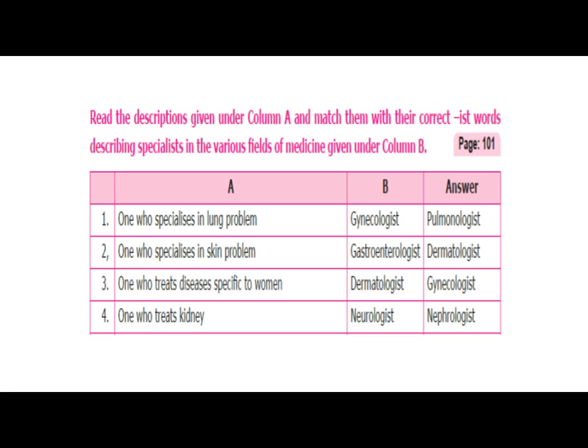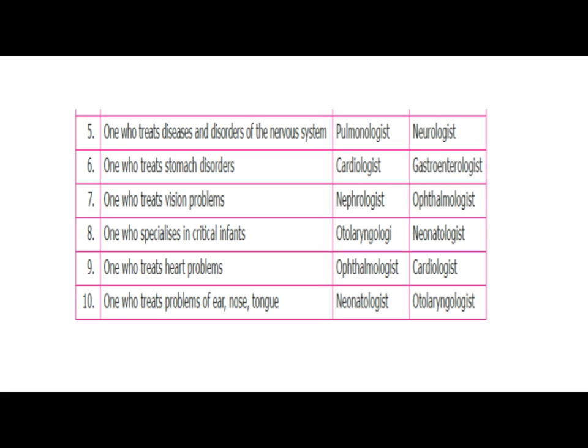One who specializes in skin problems is called a dermatologist. One who treats diseases specific to women is called a gynecologist. One who treats kidney diseases is called a nephrologist. One who treats diseases and disorders of the nervous system is called a neurologist.